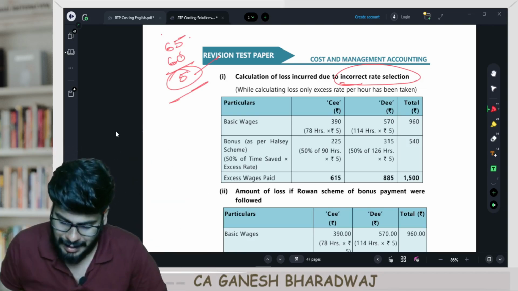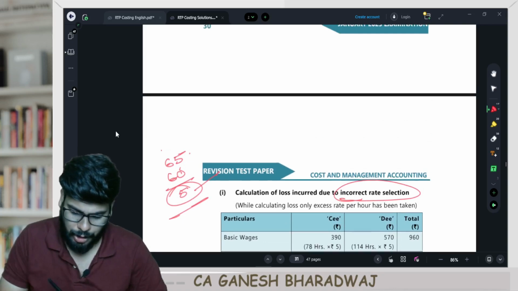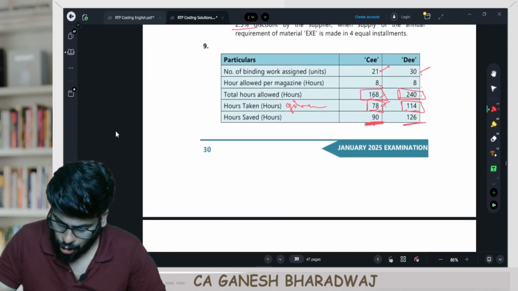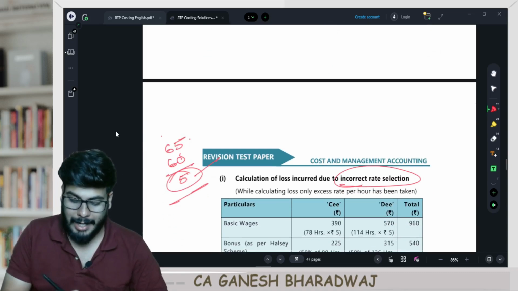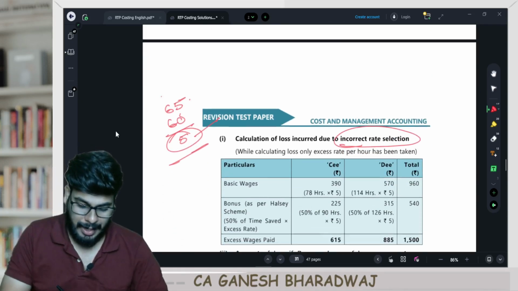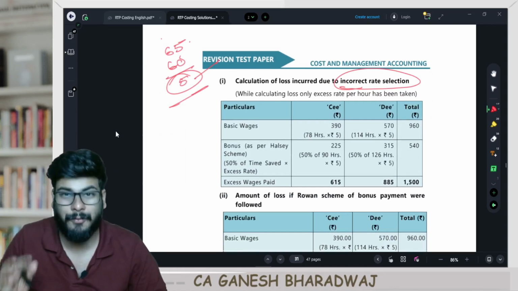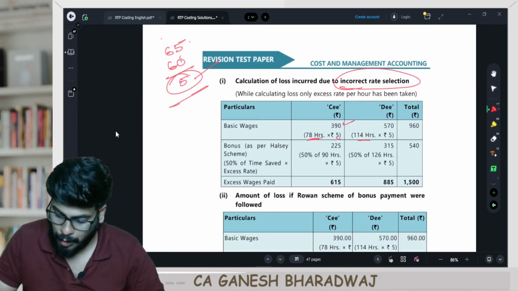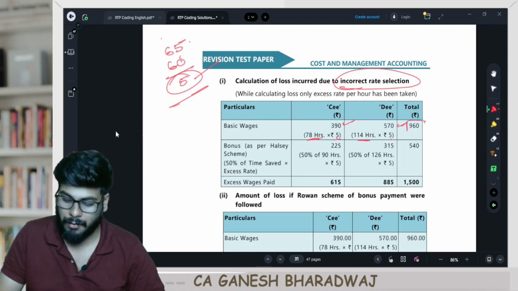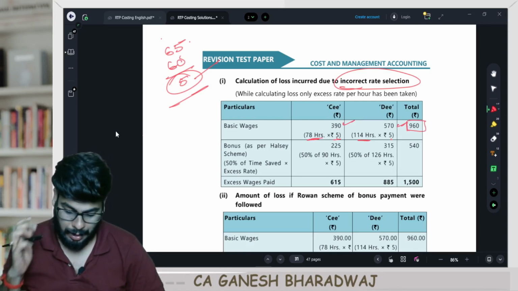So now basic wages. Actual time taken of 78 hours and 114 hours respectively, into 5 rupees extra they are paying. 78 into 5 is 390 for C, and 114 into 5 is 570 for D. If you add up the two, 960 rupees comes up.